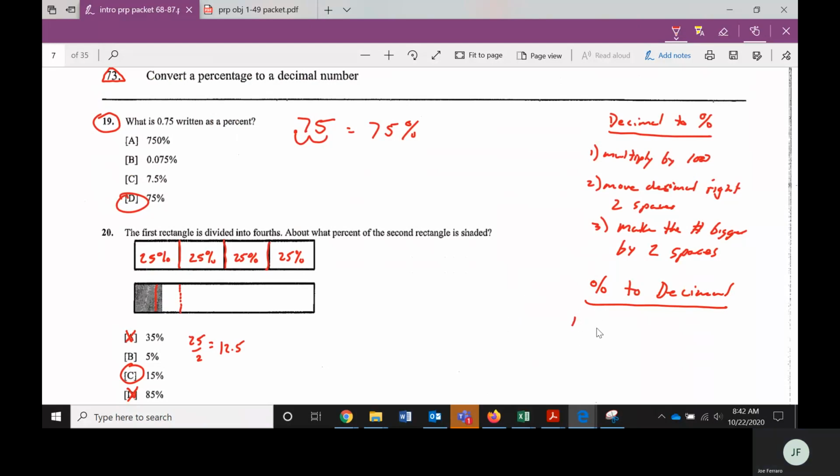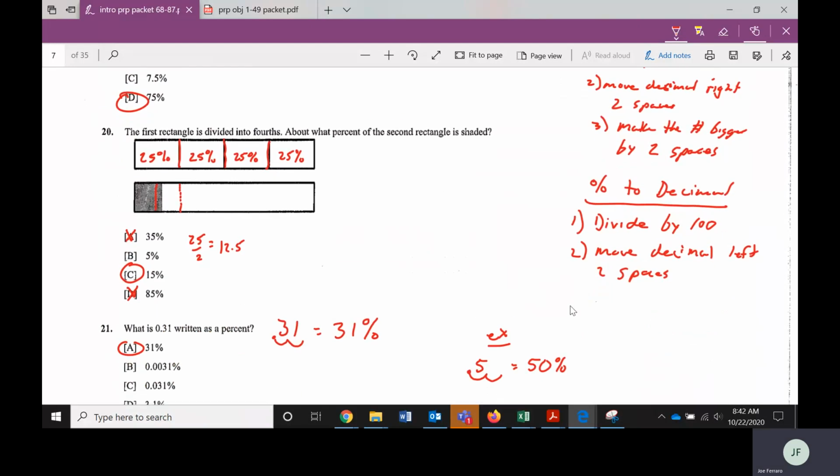So to get it from a percent to a decimal, you can divide by 100, but we don't usually think of it that way. That means you move the decimal left 2 spaces, or you make the number smaller by 2 spaces.